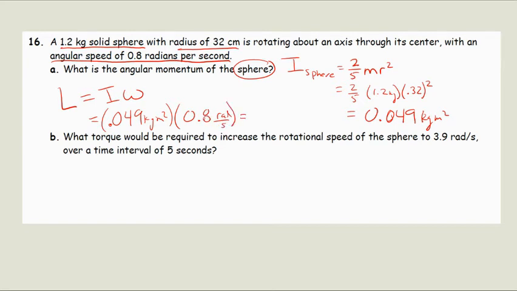So that's going to end up giving me that my angular momentum is 0.039 kilograms meters squared per second.